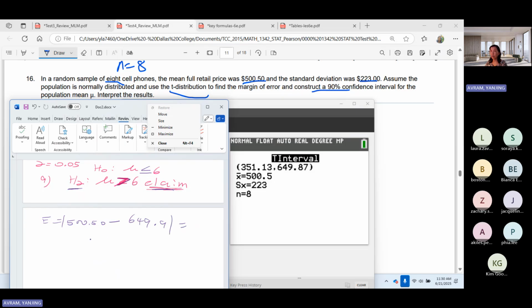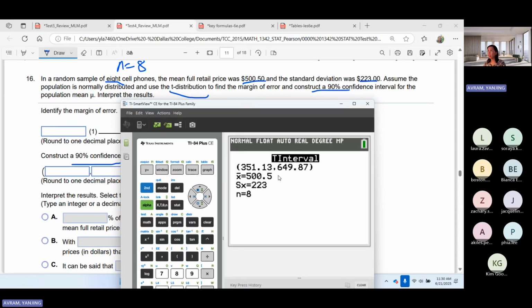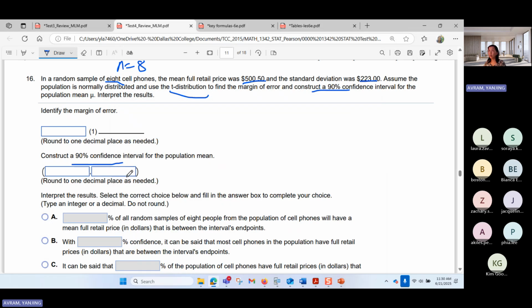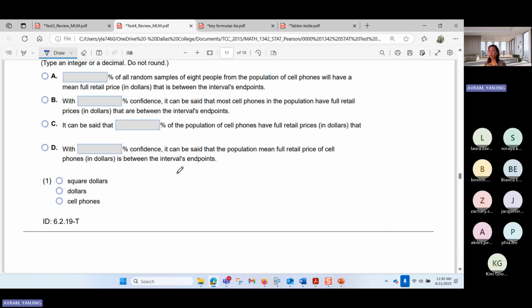Okay, I take the absolute value. So 649.9. All right. So that will be 149.4 that way. Okay. So that's the quick and easy way. If you don't want to use the formula, that's another way you can find the margin of error, very quick. All right.